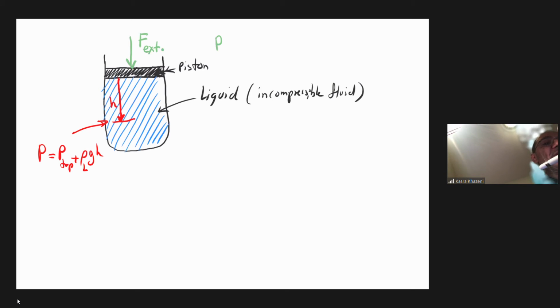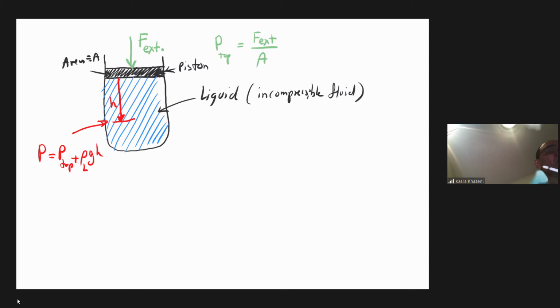So the top of the liquid would have my force distributed by that piston as a pressure on top of it. That would be the external force divided by the cross-section area of the piston. So this is a piston with cross-section area A.